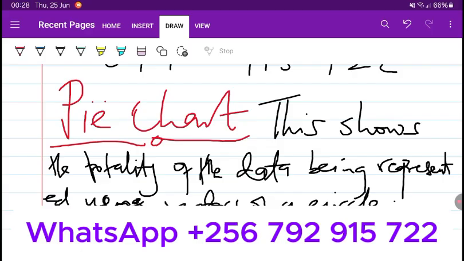So the percentages or the fractions can be used to compare the different sizes of each of the different sections.